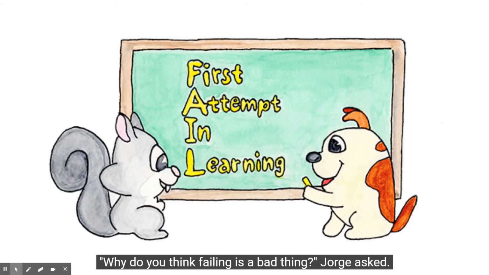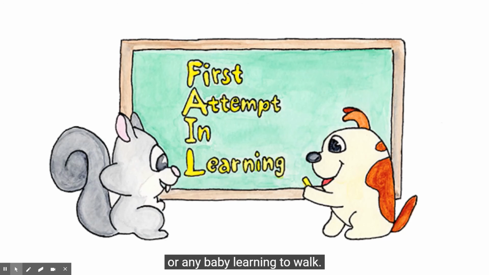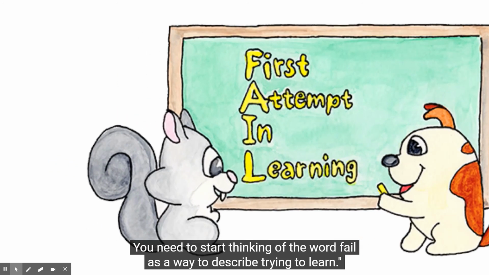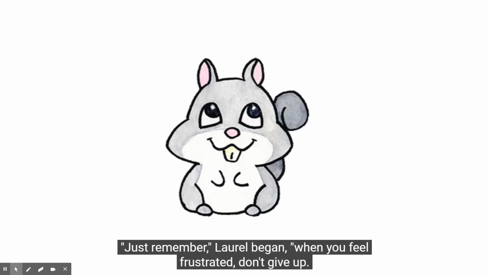"Why do you think failing is a bad thing?" Jorge asked. "Everyone fails at things before they know how to do them, just like you with your bike or any baby learning to walk. You need to start thinking of the word fail as a way to describe trying to learn." "I never thought about it like that," Stevie exclaimed.